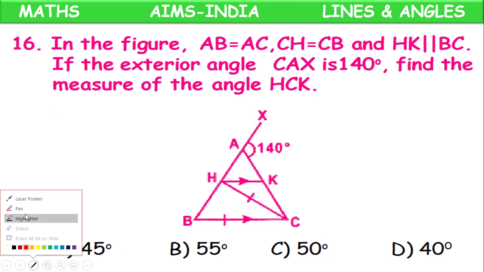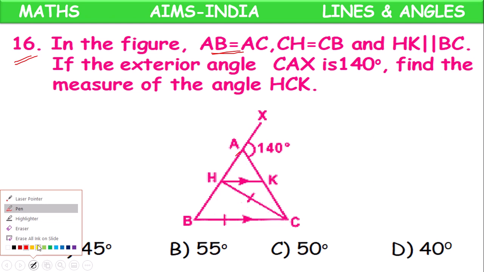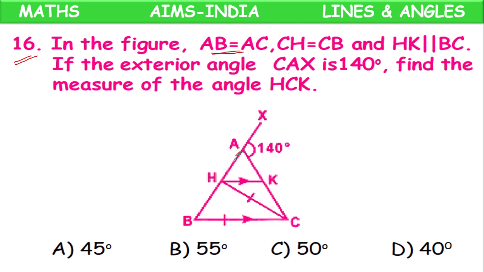So let's continue the problem, children. Here, in the figure, AB equals AC, and CH equals CB, and HK is parallel to BC.